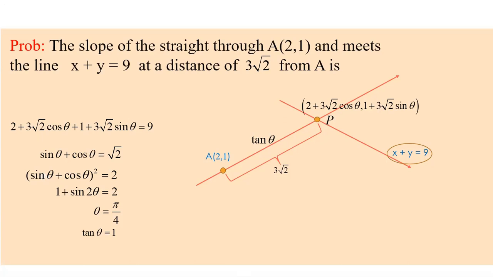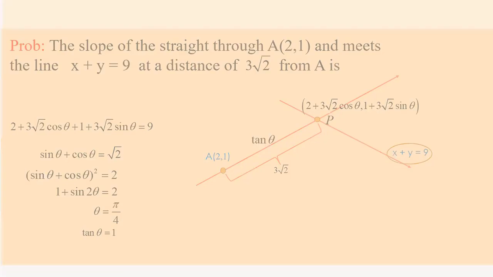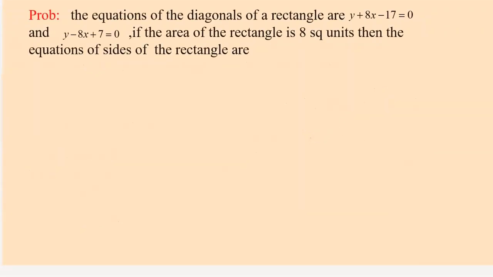Now, with this parametric form application, a little higher level; actually this is a previous IIT JEE problem. So let us solve this problem also in the diagram only. Very easily it can be solved if we use the parametric form.